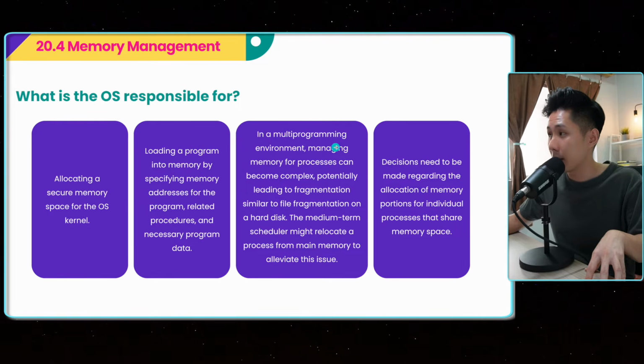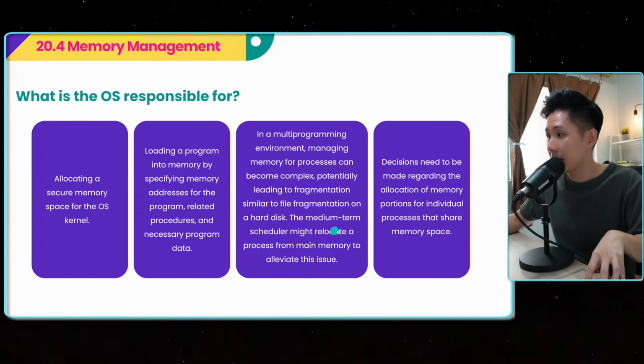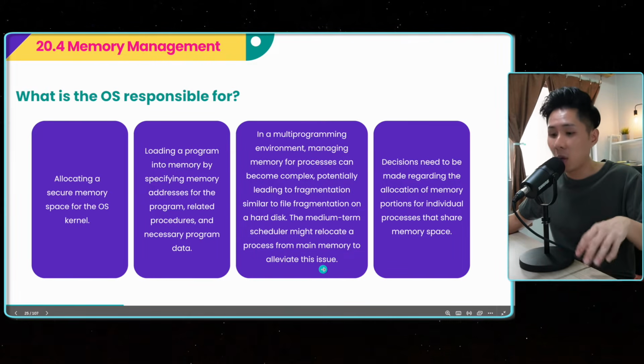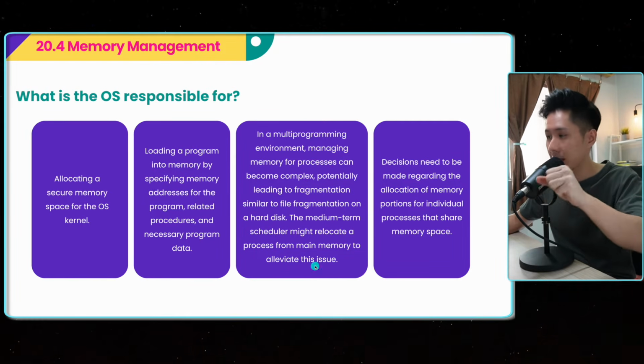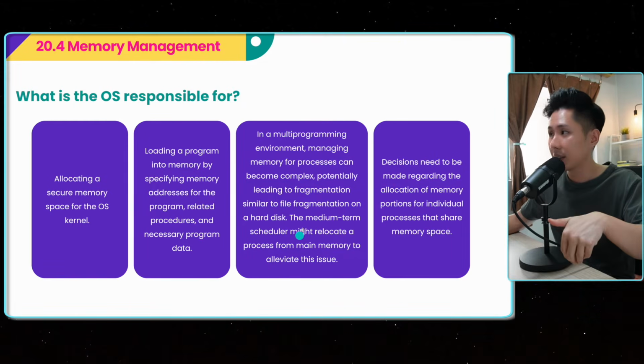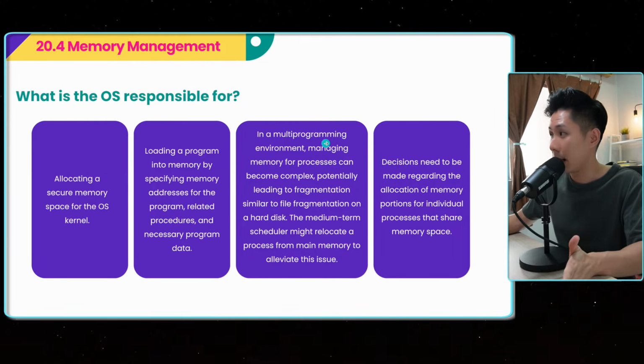In a multi-programming environment, managing memory can become complex, meaning many tasks run at the same time, potentially leading to fragmentation. So the medium-term scheduler might relocate a process from main memory to alleviate this issue, meaning we take the process out of memory into the disk to let other processes go in. This is to allow multi-programming to happen.